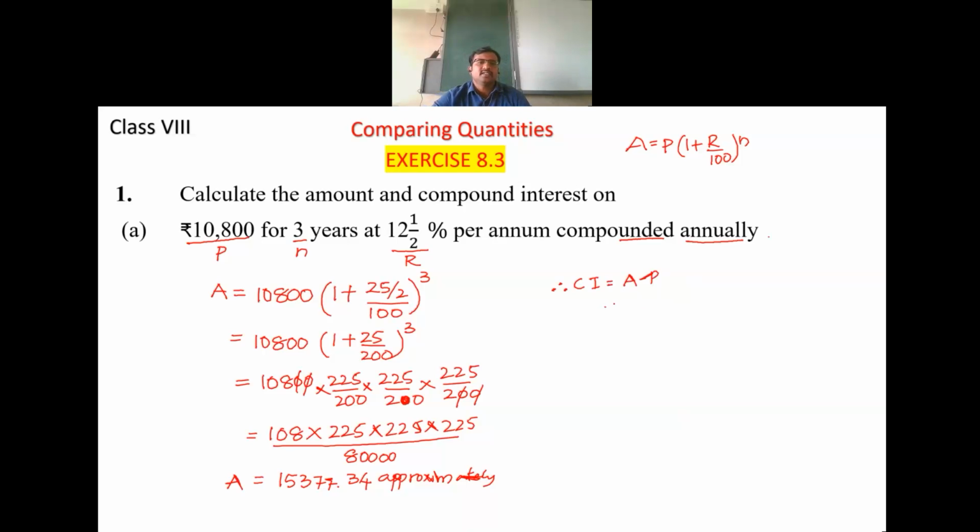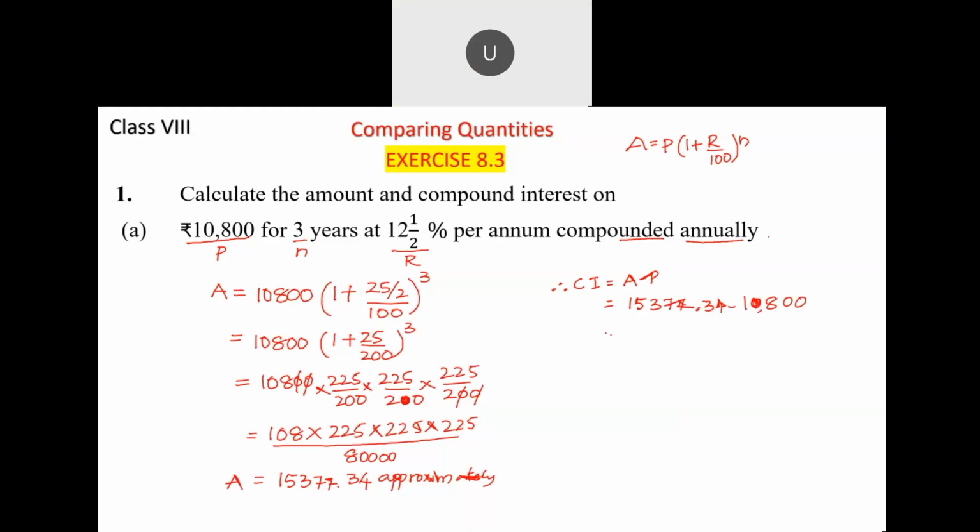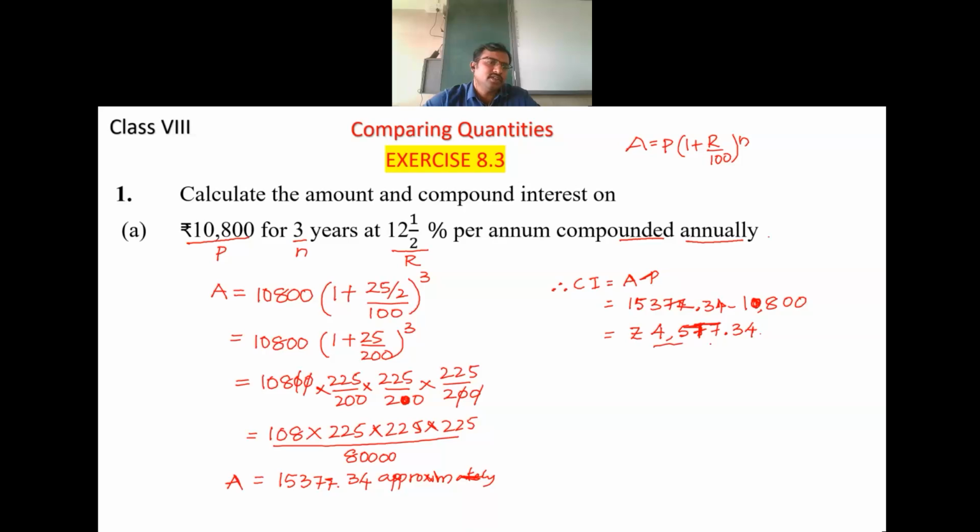Here the amount we calculated is 15377.34, minus 10,800. 10,000 is subtracted from 15,000, it is only 5,000, so 4,000 will come. So we're getting 4,577.34. The approximate value is this.